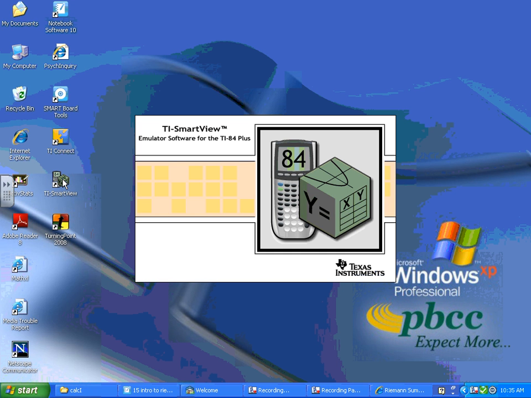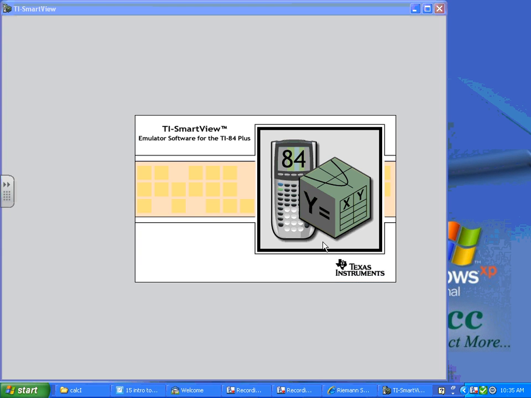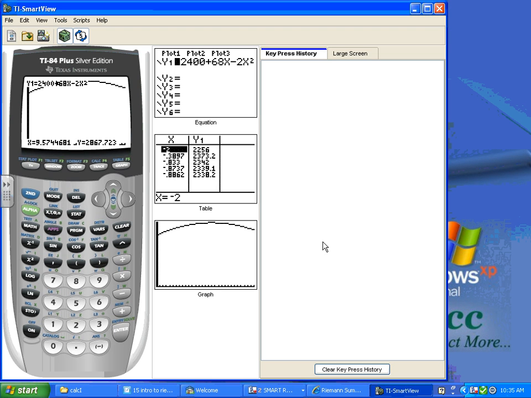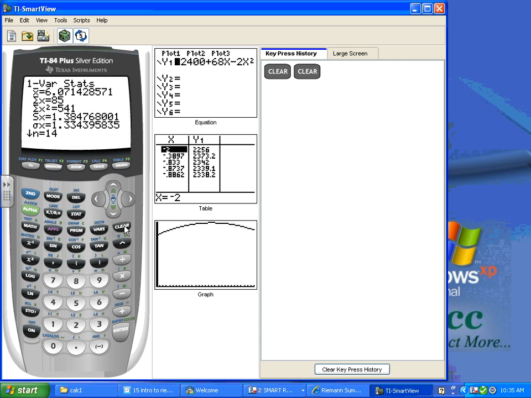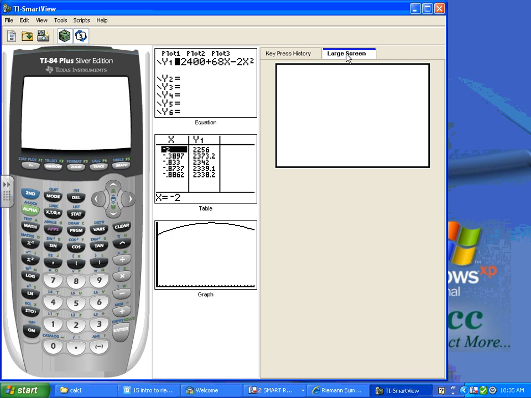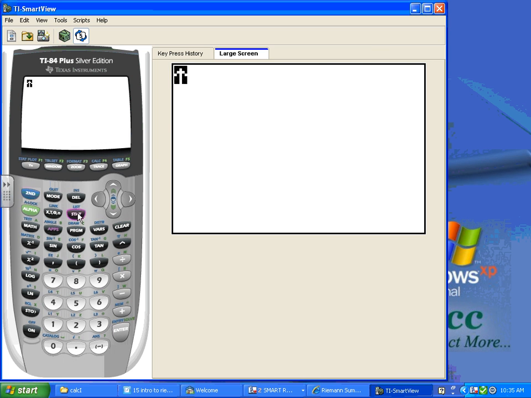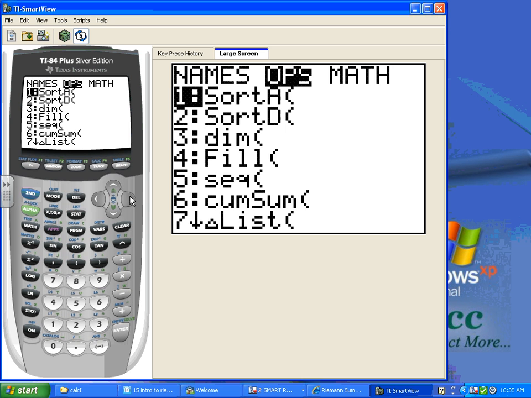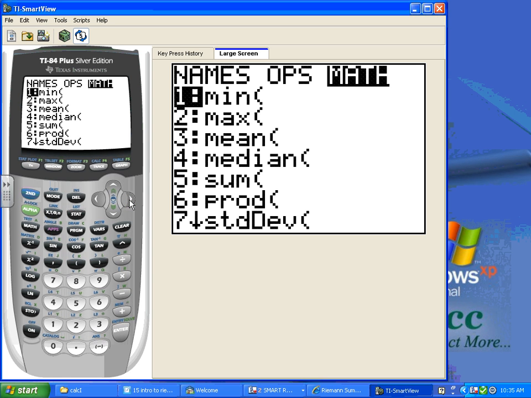Math under that. You will see the sum command right in there. So second stat. Okay, go to math. There's your sum command, number 5.